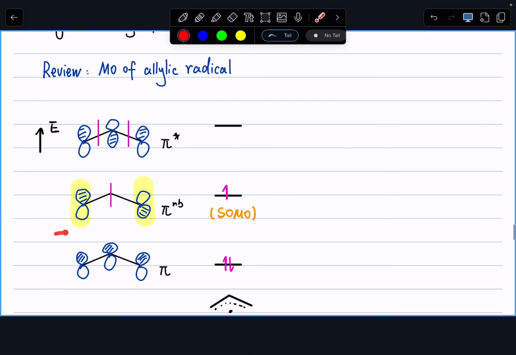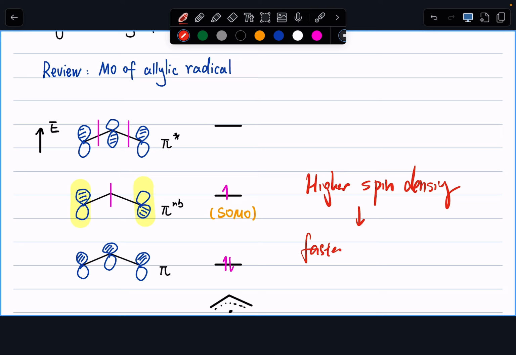We were talking about the middle one being the singly occupied molecular orbital, the one we should be focusing on. If one of the carbons has higher spin density, we expect it to have higher or faster propagation.